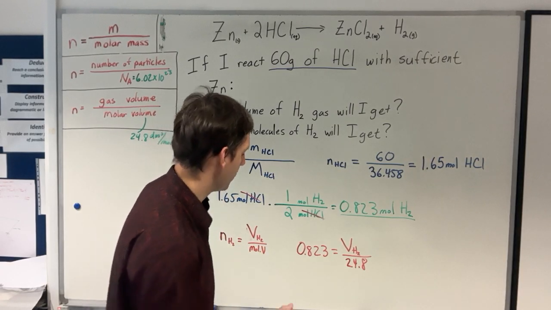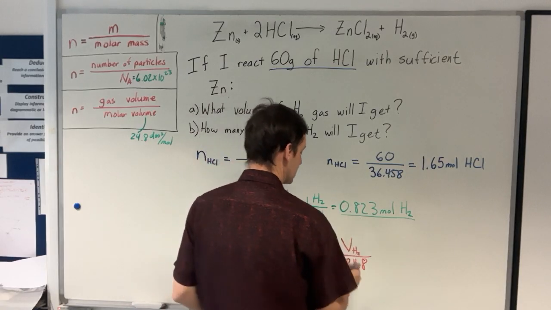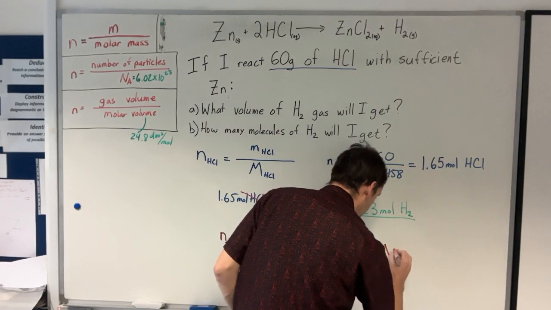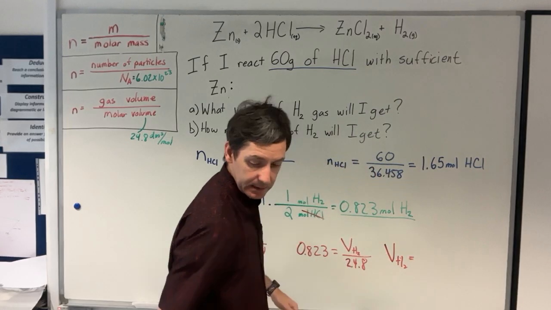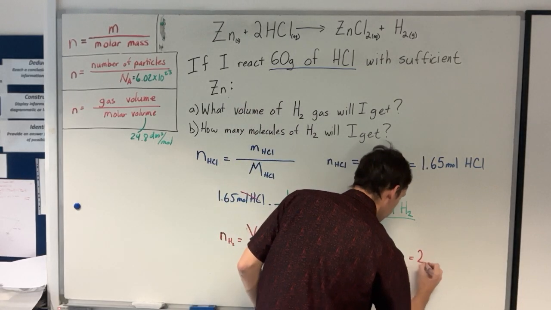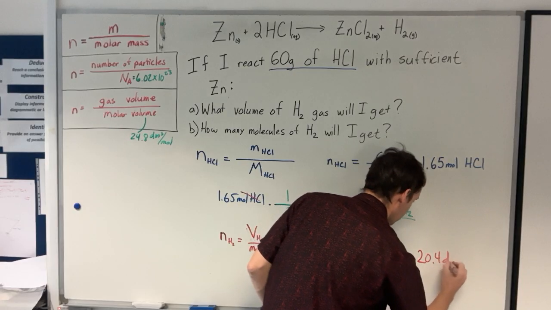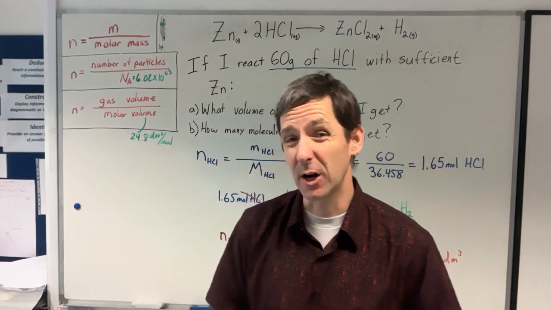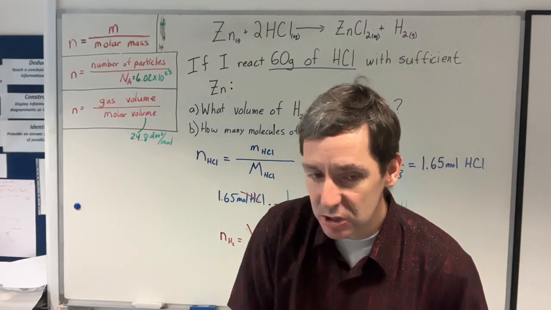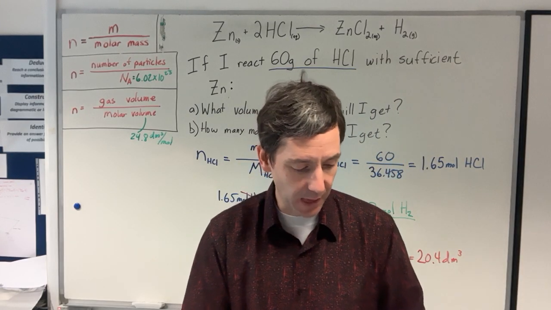I'm just going to go with 20.4 because I've been using 3 sig figs. So the volume of H2 is equal to 20.4 decimeters cubed.